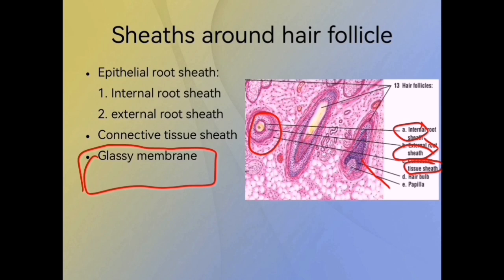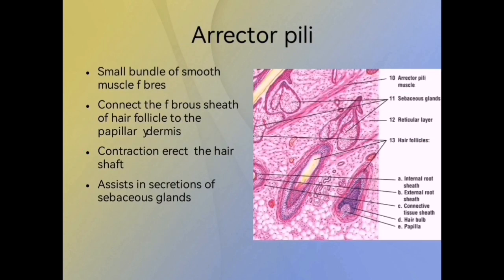Now let's look at arrector pili. This is a bundle of smooth muscle fibers which are attached to the hair follicles. Some texts say the middle of the follicle and to the papillary dermis. It serves to erect the hair shaft.